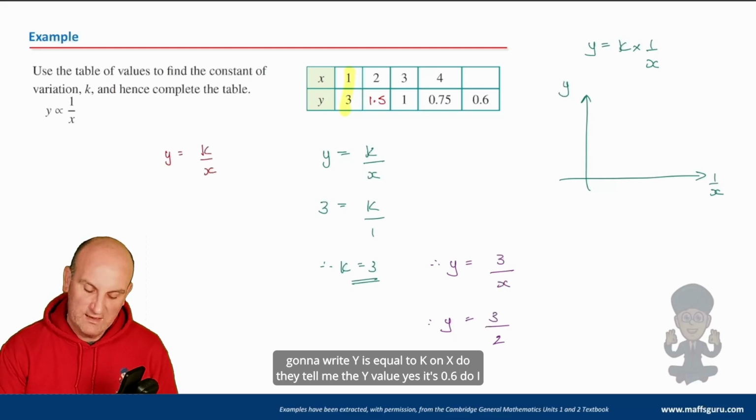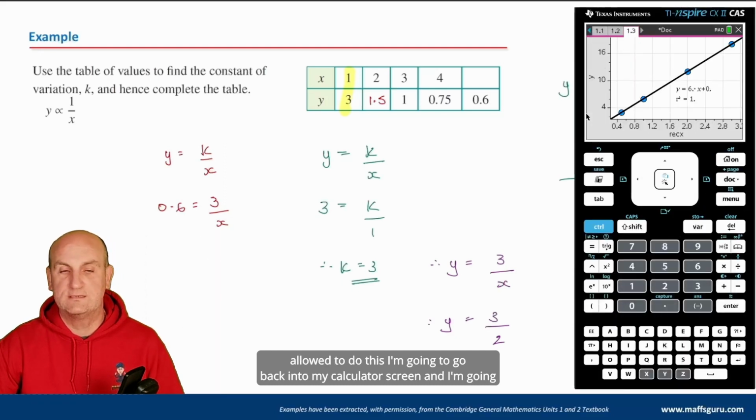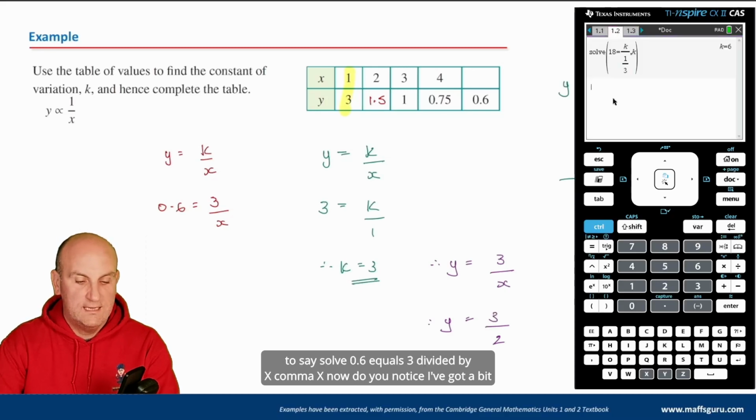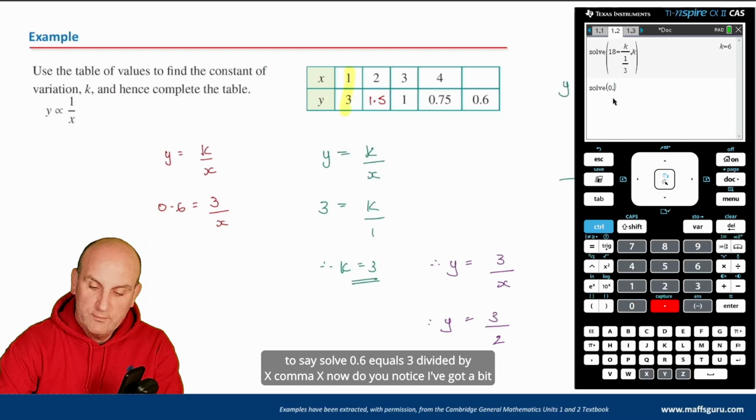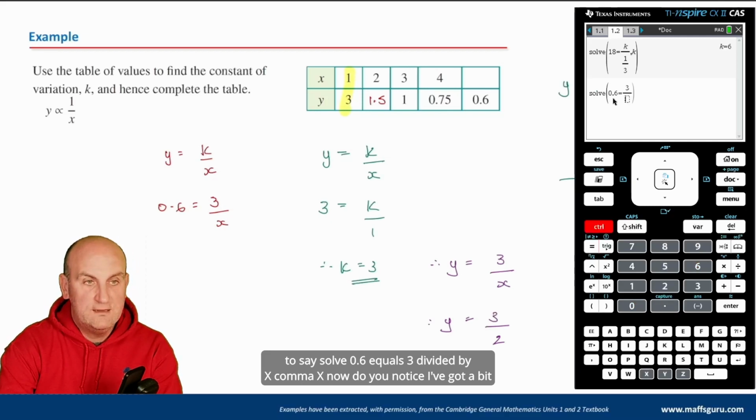Do they tell me the y value? Yes, it's 0.6. Do I know my k value? Yes, it's 3 divided by x. And if I need to, and again, you're allowed to do this, I'm going to go back into my calculator screen, and I'm going to say solve 0.6 equals 3 divided by x, comma x.